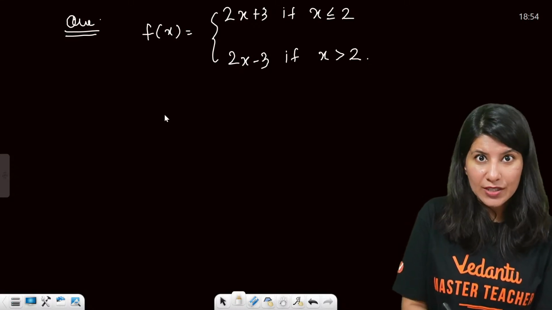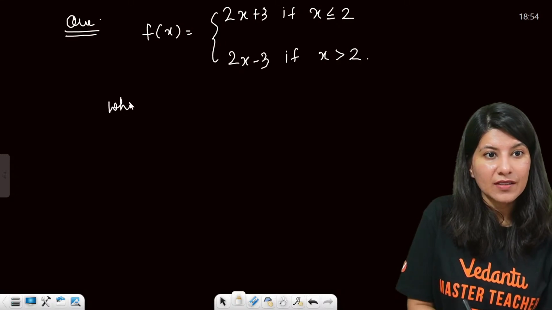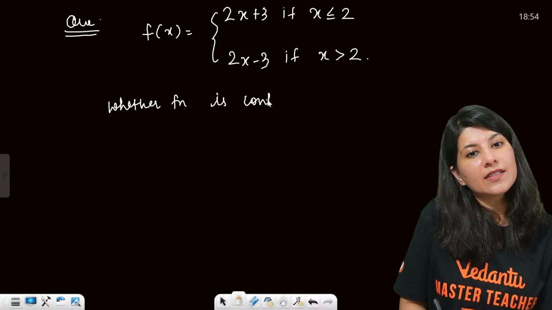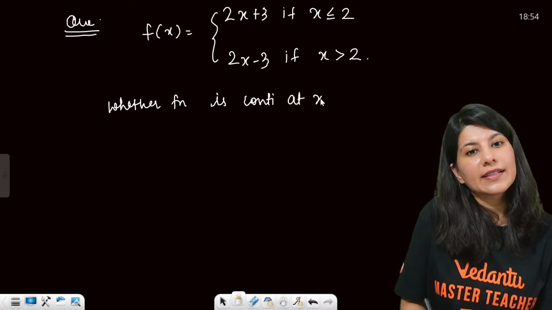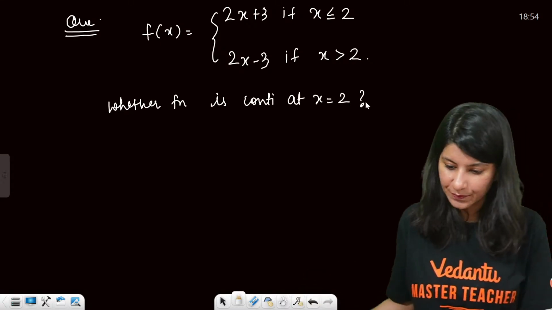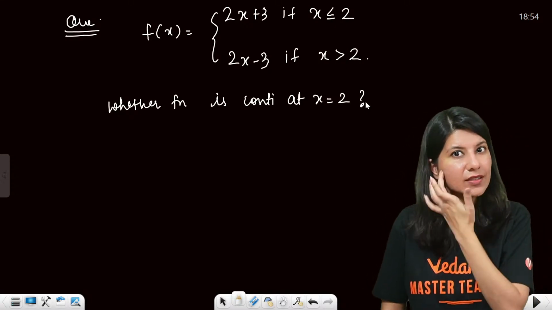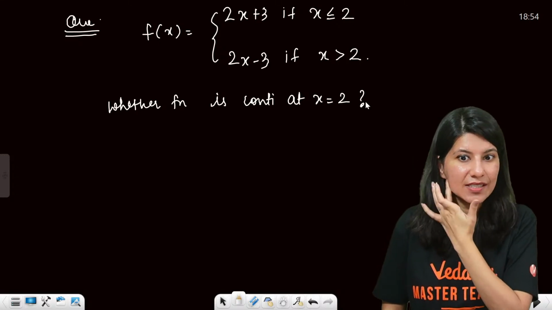Now you just have to tell me whether the function is continuous at x equals 2. All right. Clear? Yes.